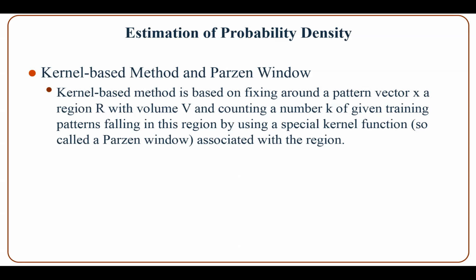The kernel-based method is based on fixing around a pattern vector x or instance x a region R with a volume V, and counting the number k of given training patterns or instances falling in this region by using a kernel function, which is also called a pattern window, associated with the region.